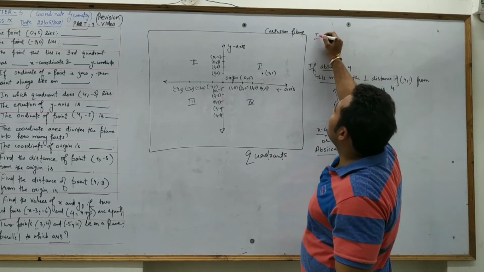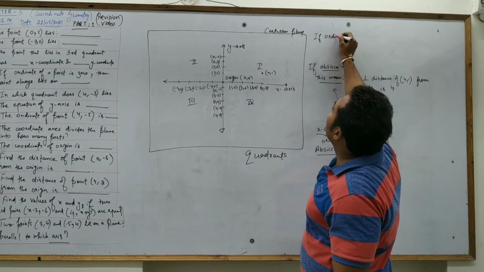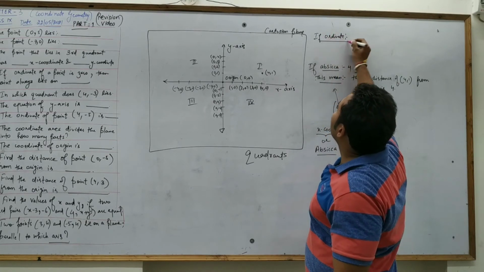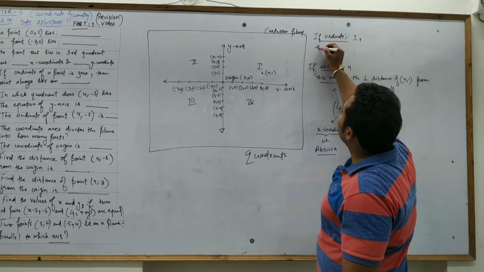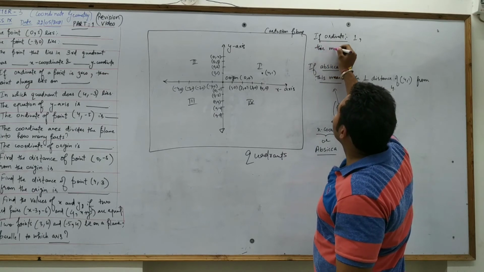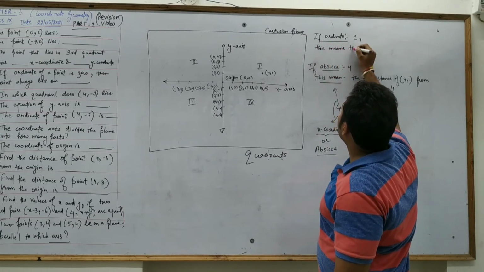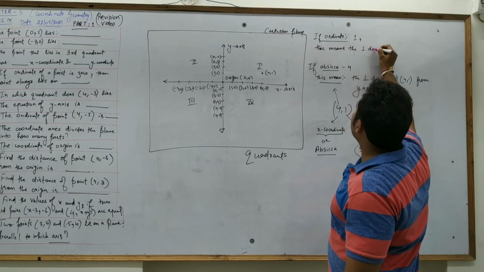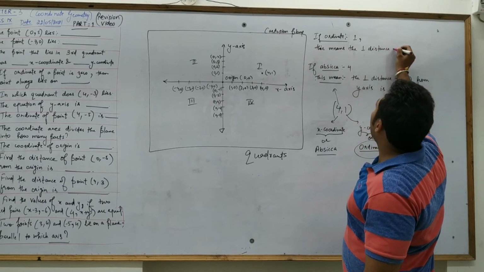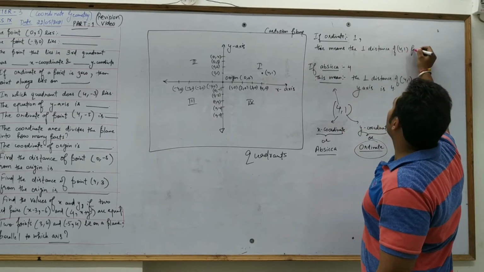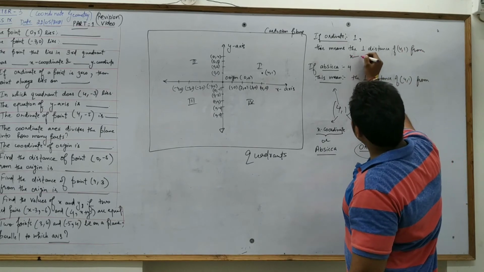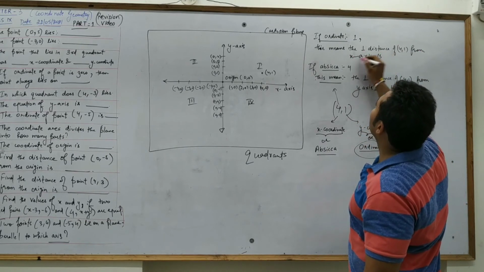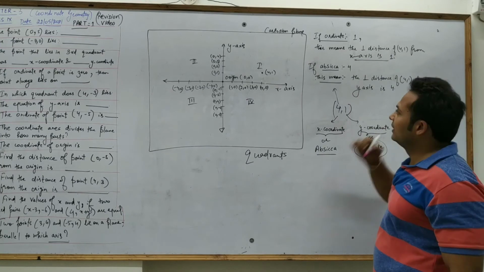Here I can write, if the ordinate is 1, this means the perpendicular distance of (4, 1) from the x-axis is 1.